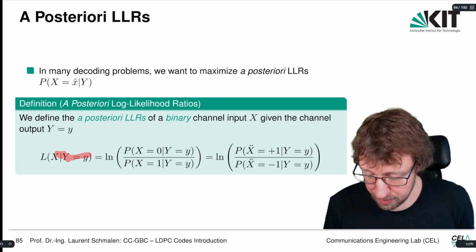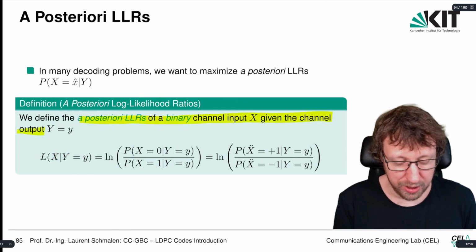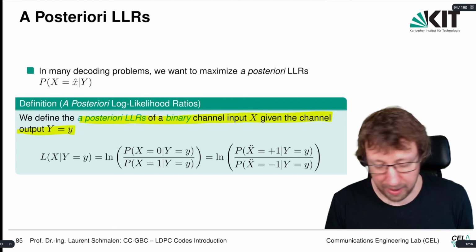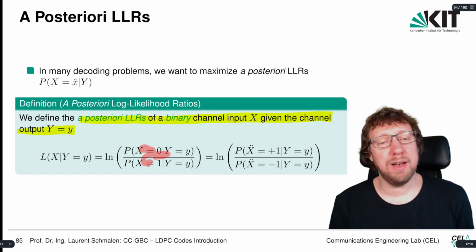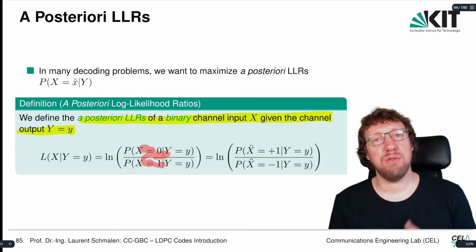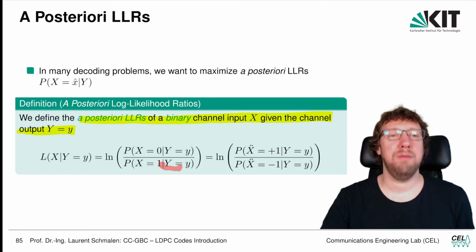So we have a binary channel input x given a channel output y, and this is again the log of p of x equals 0 given y divided by p of x equals 1 given y. So essentially, it's just the same expression applied to a posteriori log likelihood ratios.